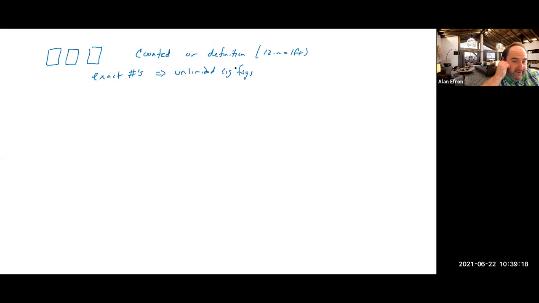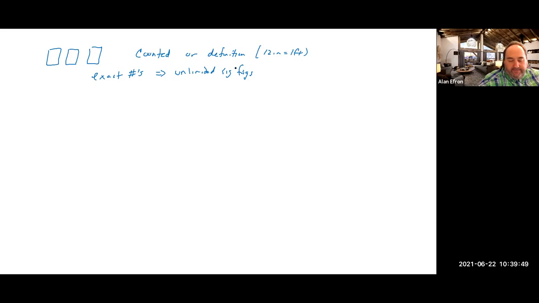The nice thing about exact numbers, especially with definitions, is that when we're doing calculations involving significant figures, we don't worry about them. Anything considered an exact number, you don't have to worry about in terms of what your answer should be when you do those calculations.